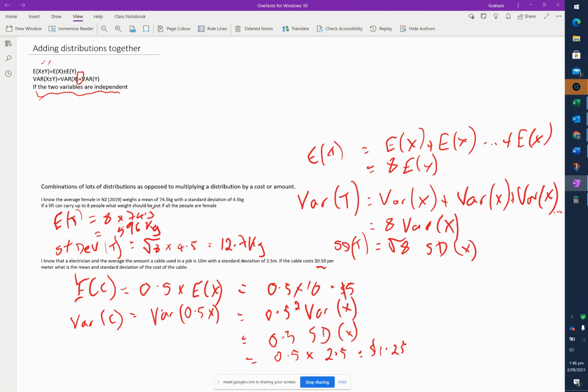Okay, so those are your two different cases: combinations of lots of different distributions, as opposed to multiplying a distribution by an amount or on a cost.